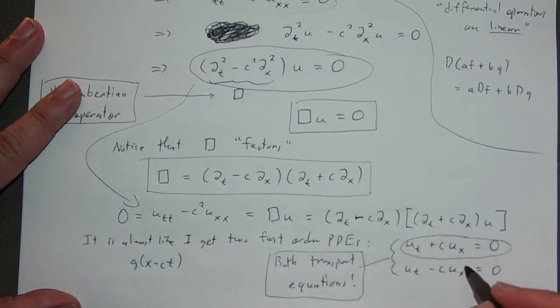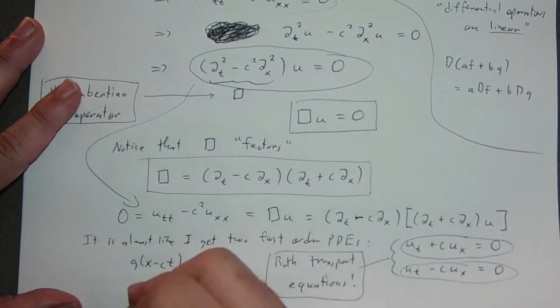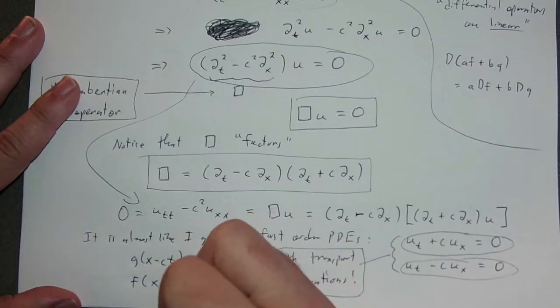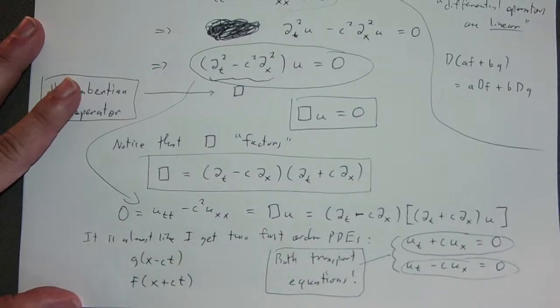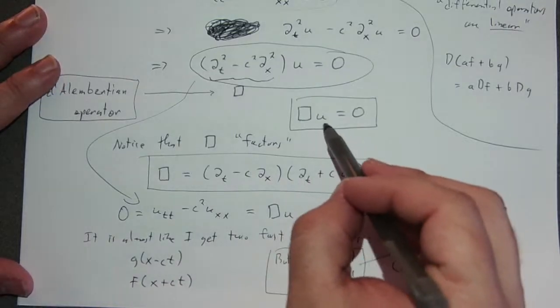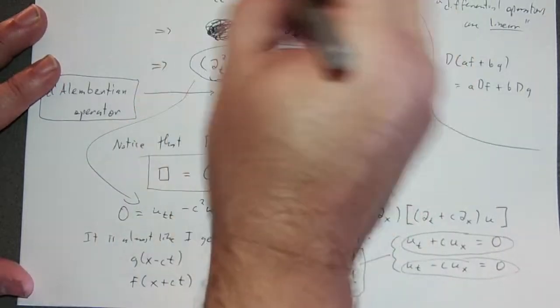And the solution to this is like some other function f of x plus ct. So what should my general solution to my original equation, box u, or my wave equation, be?